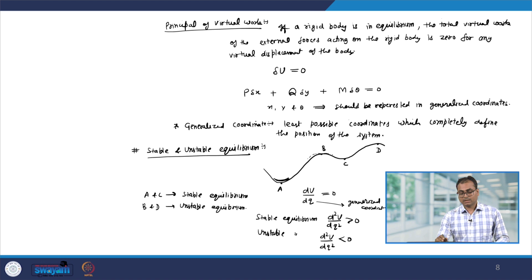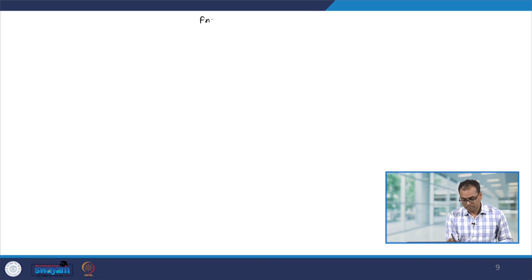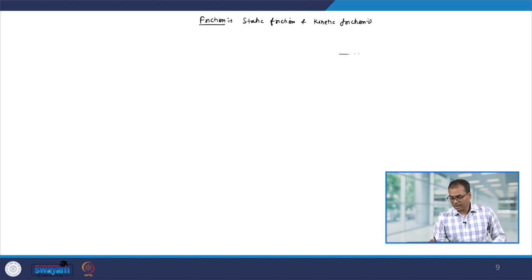We next discuss friction, particularly static friction and kinetic friction. Let us say I have a rigid body on a rigid surface and the weight of the body is mg. In that case, the normal force N is going to act upward.